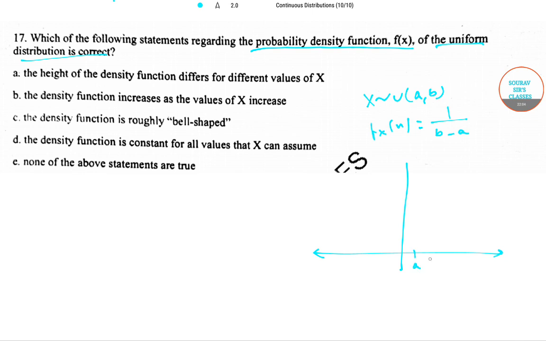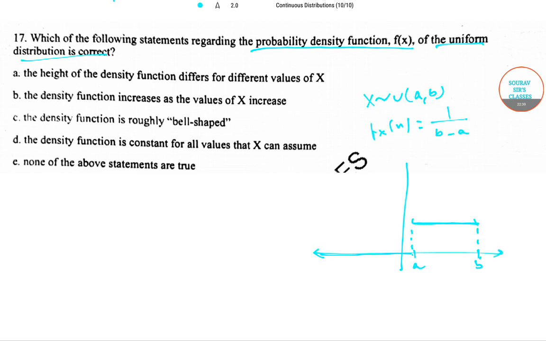Say this is point A and this is point B. So the probability would be uniform for each point between this, and elsewhere it would be 0. Hence the name uniform, since all the points in the range of this a to b, that are greater than or equal to a or less than or equal to b, will have the same probability.